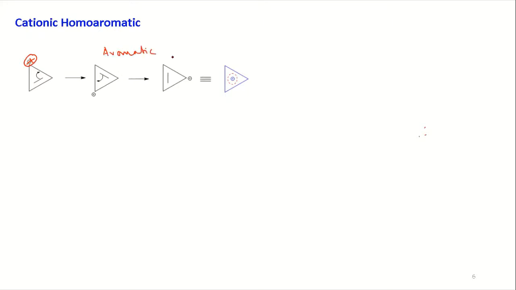This is aromatic, and when you are talking about homoaromatic, you need to add the sp3 center. Now if you look, one sp3 center is being added. So 2 pi electrons, one positive charge, it can move, and it can have stability. And we call this particular structure homoaromatic.